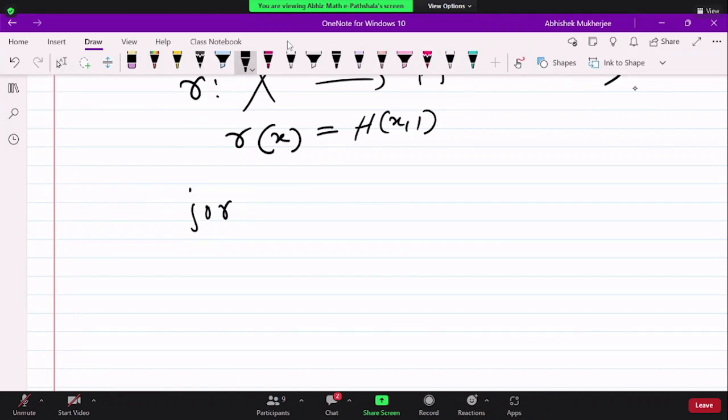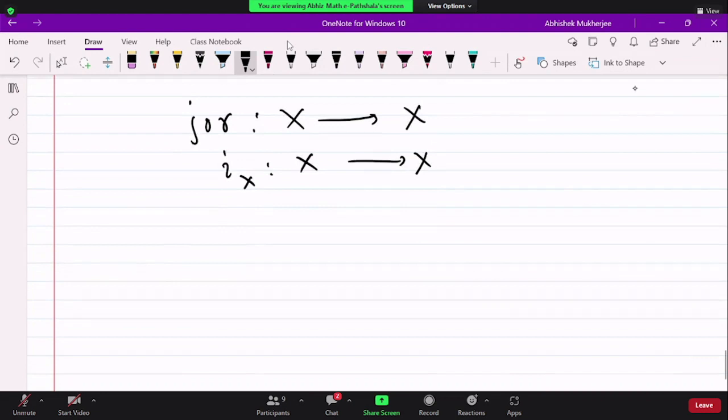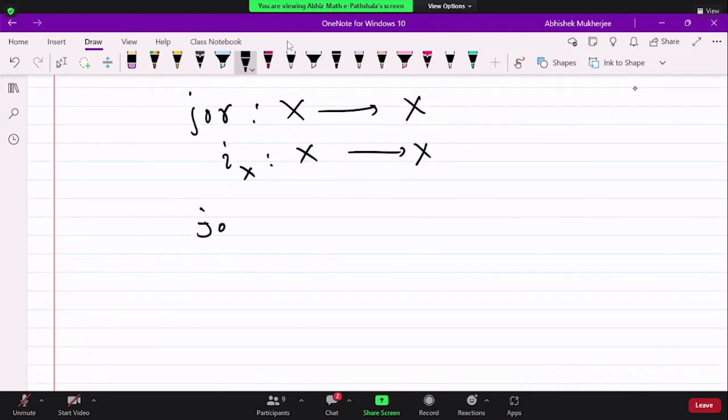J is the inclusion map from A to X, right? So this J compose R will be a map from X to X. And also you have this identity map, right? And this H, so these two maps are homotopic via H.